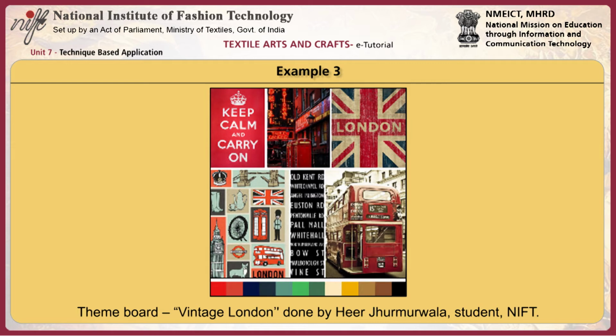The elements of the empire, nostalgia and glory have been developed with iconic symbols of London such as the London bus, the telephone booth and the Union Jack, which were used as visual references.